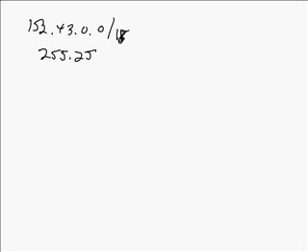Okay, so let's see what we've got here. We've got 152.43.0.0, and our new CIDR notation, as we call it, would say we've used now 18 bits, or subnet mask 255.255.192.0.